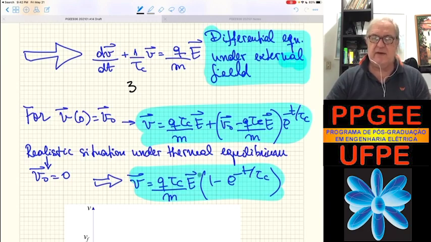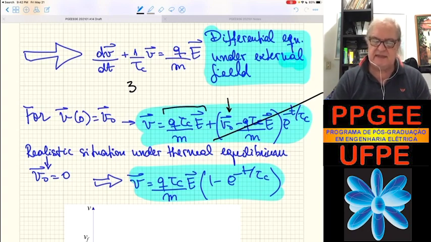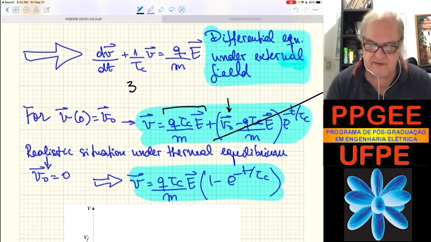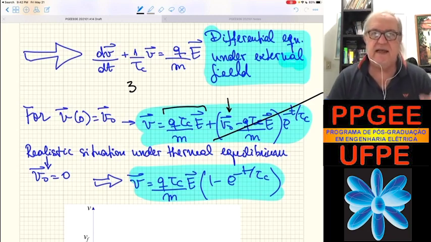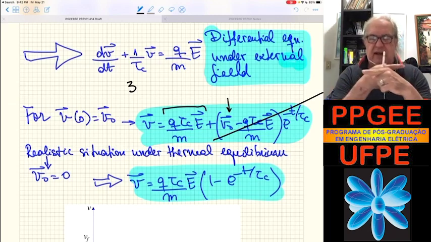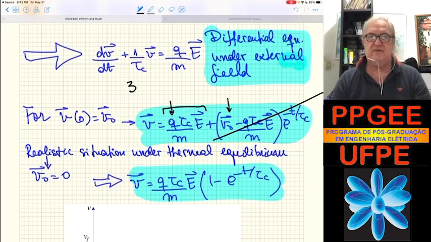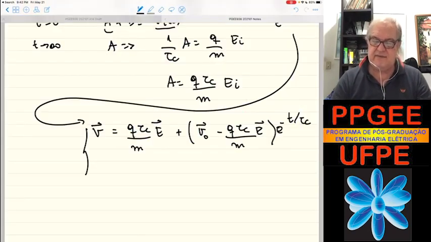Before we talk about that, let me explore this solution here, okay? This is very interesting. I'm going to illustrate the situation here. It means that whatever the velocity is initially, at steady state this term goes away, and the velocity becomes in the same direction as the applied field, going along the same or opposite direction, depending on the sign of q. Okay. What does this mean?